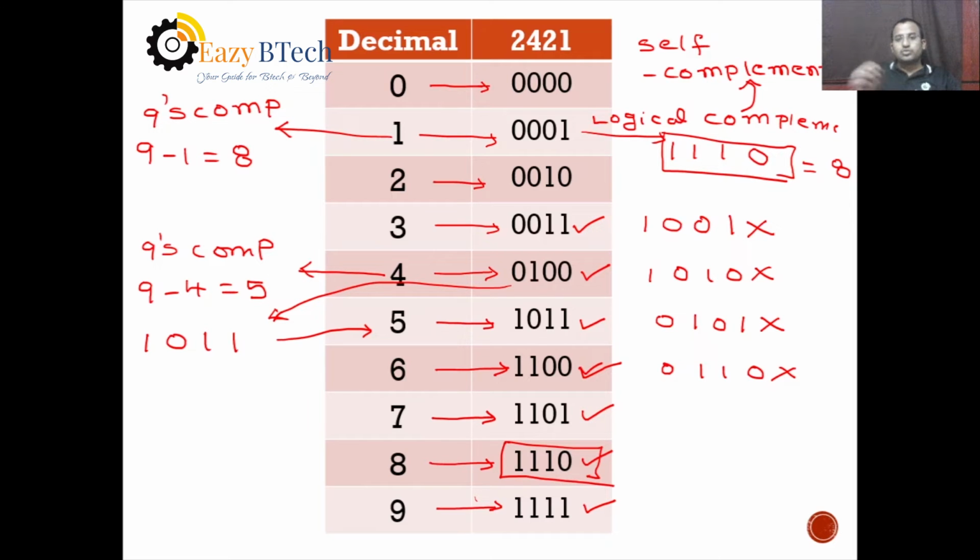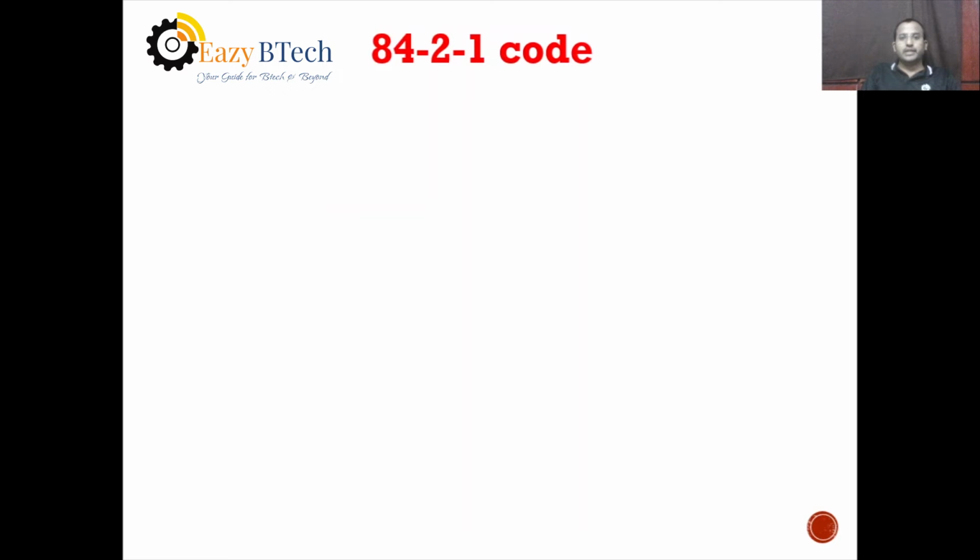Is it clear? So this is an example of a positive weighted code, and it is also a self-complementing code because the arithmetic complement we can obtain by logical complement. Such codes are called self-complementing codes, right? Another code that we are looking at is 84-2-1.